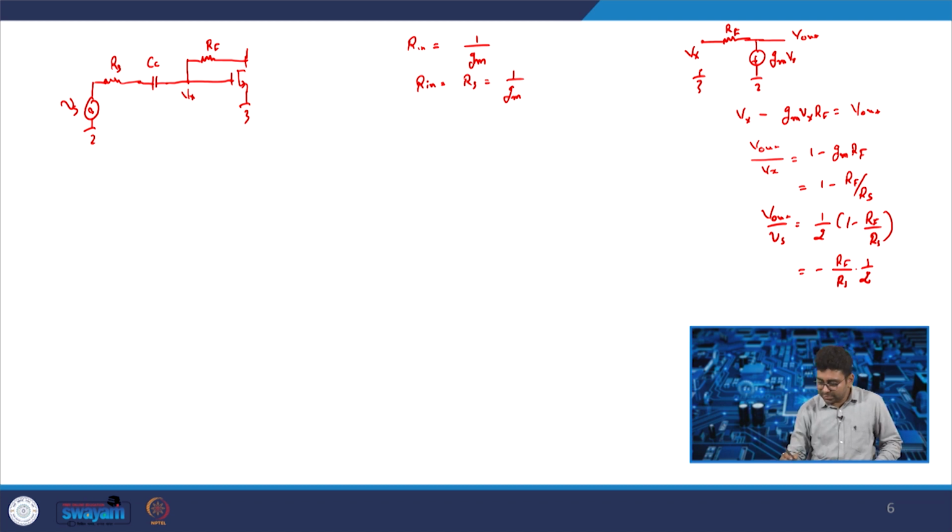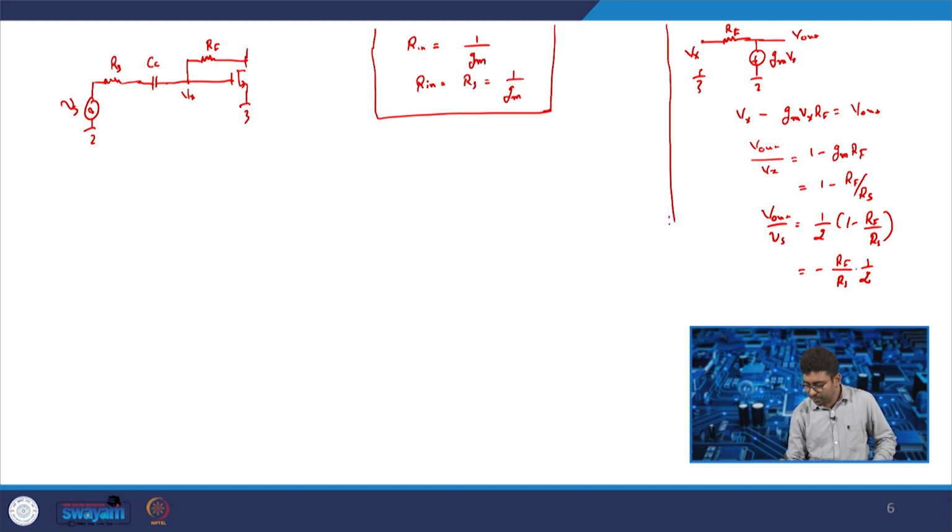So, this is for input impedance, this is for the gain, then input impedance. Now, we will try to find out the output impedance.